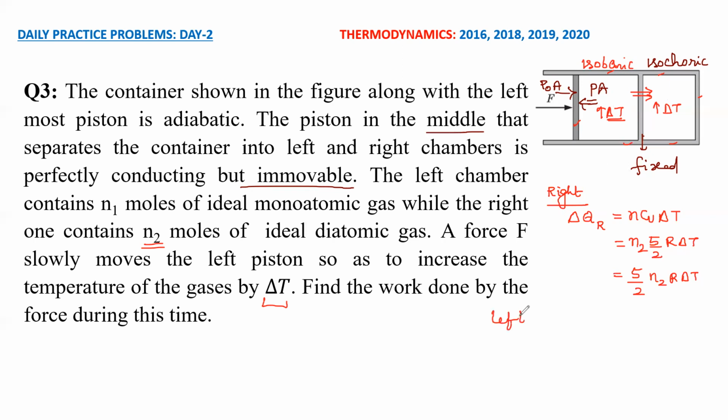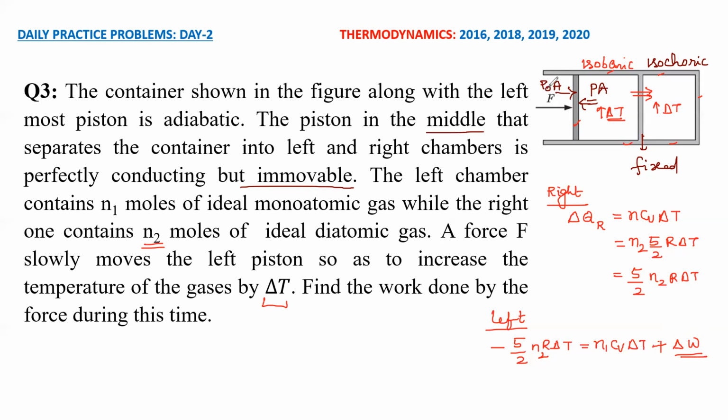So for the left chamber alone, we can write minus 5 by 2 N2 R delta T, because this much heat it has lost. That is equal to the change in internal energy of the left side gas, N1 CV delta T, plus delta W. And all the delta W that the gas has received is from F. And you can also think that P0 has some share in it.